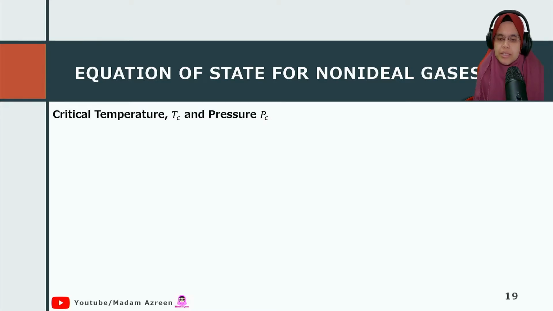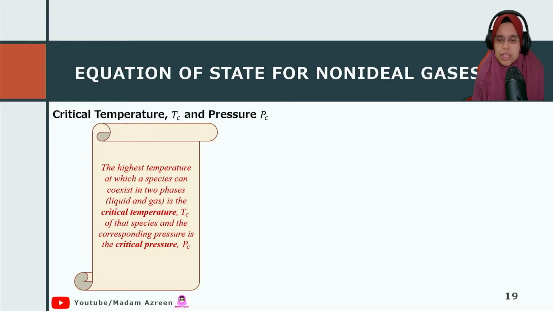So what are these? The critical temperature is the point at which a species can coexist as a liquid and a gas. I'm not sure how we can visualize it, but it coexists. It's not liquid, it's not gas. So it coexists in these two phases. At that temperature and that pressure, they are called the critical temperature and critical pressure.